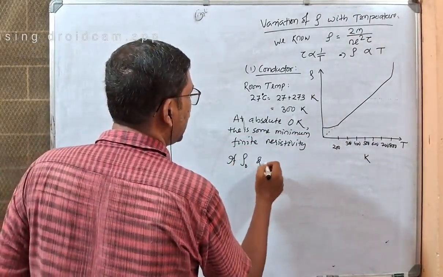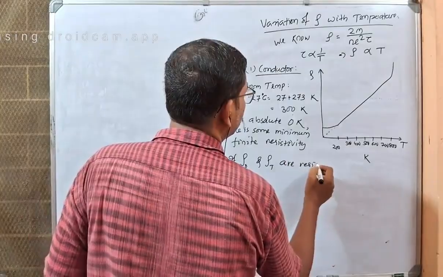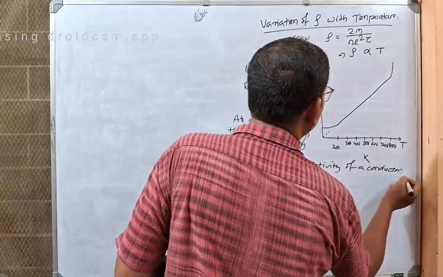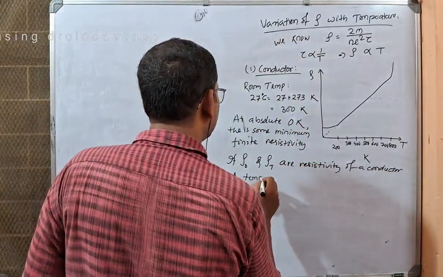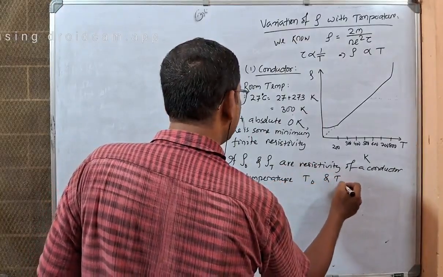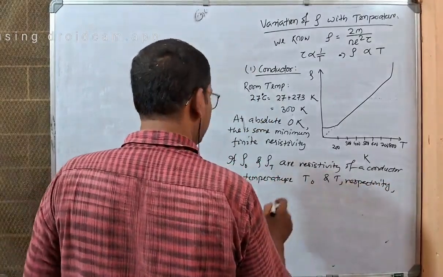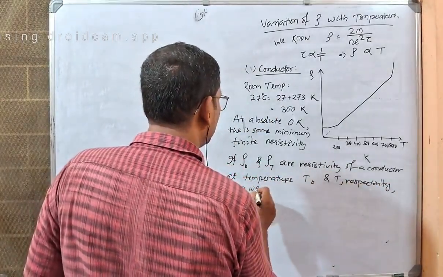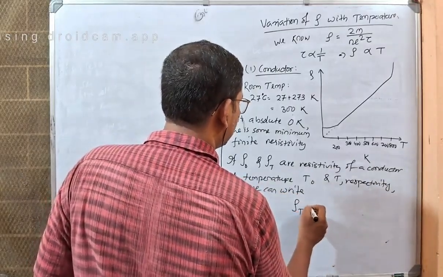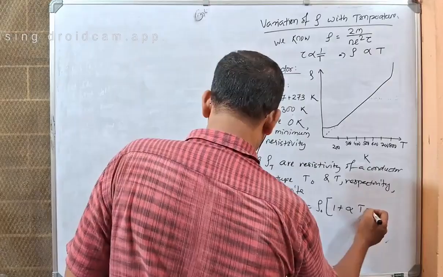If rho 0 and rho t are the resistivity of a conductor at temperature T0 and T respectively, then we can write the resistivity at temperature T is equal to rho 0 times 1 plus alpha (T minus T0).